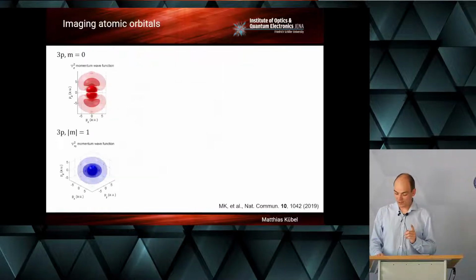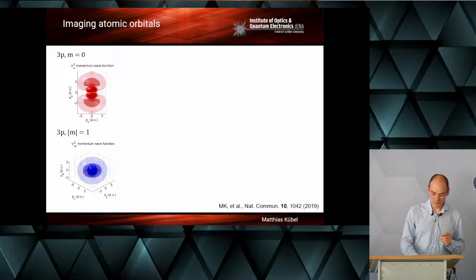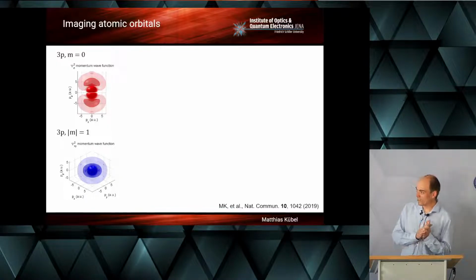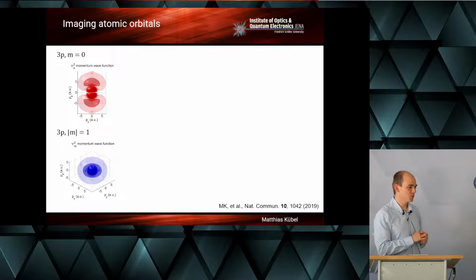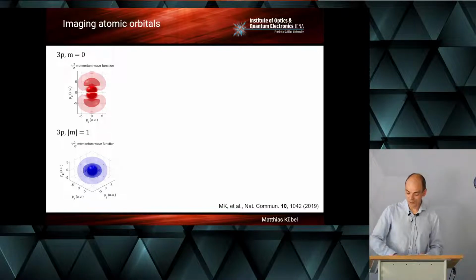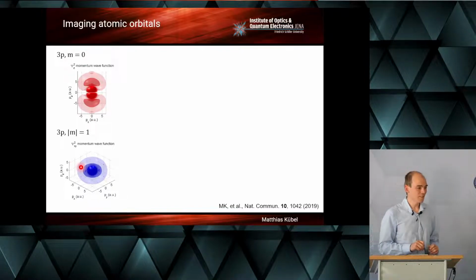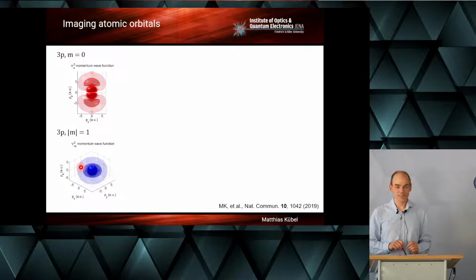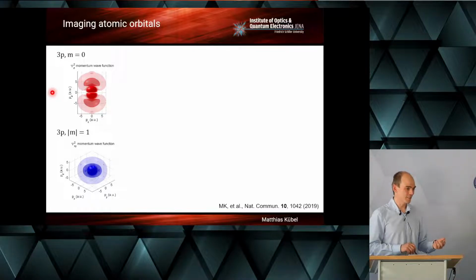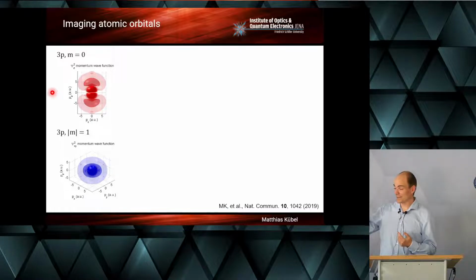And so as a final thing, I wanted to advertise a little bit these results that we obtained a few years ago, where we prepared an argon atom in these two different electronic states. The red and the blue wave functions here illustrate the electron distribution in these two states that we prepared, and then we ionized the atom again and removed an electron from these states.